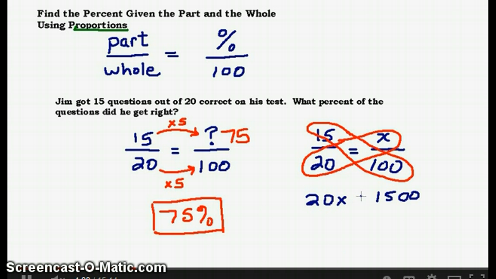However, for now, I'll include parentheses just to make it easier to show that we're multiplying until we get used to it. Another way to write this would be 20 dot for multiplying, so 20 times x equals 1,500.